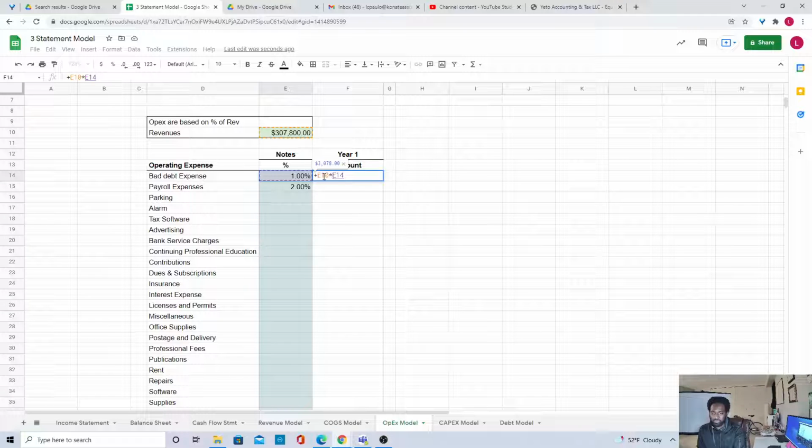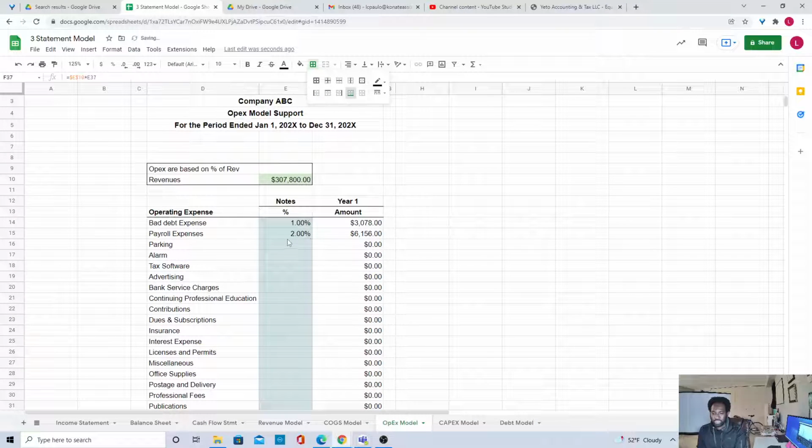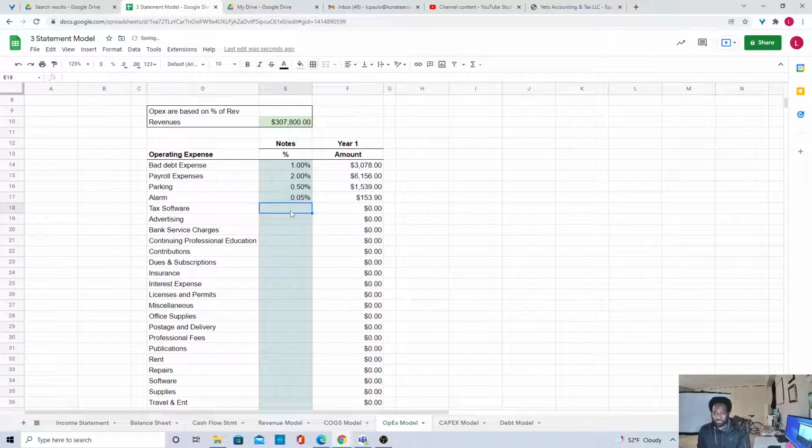Okay, so let's just enter this here for the sake of this example. We're going to make some very quick assumptions here, and this is going to help us get somewhere. So we're saying, hey, I'm going to spend these percentages of money for my business expenses.